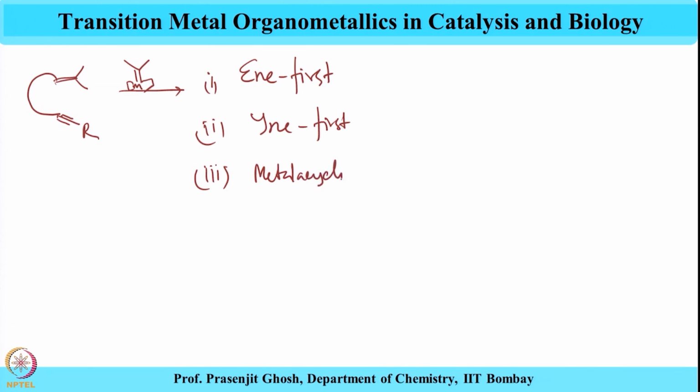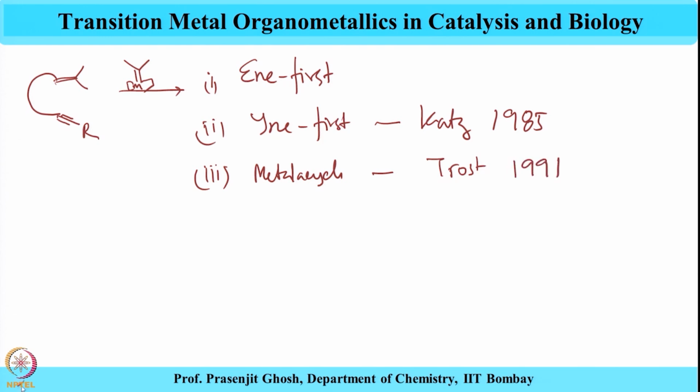The proof for, or support for, the yne first mechanism was given by Katz in 1985, and Trost proposed this metallocycle mechanism in 1991.